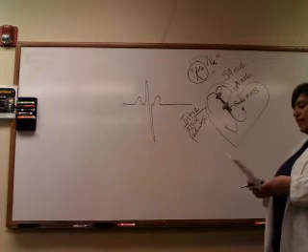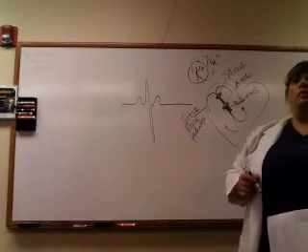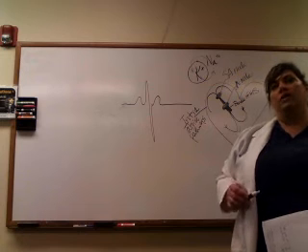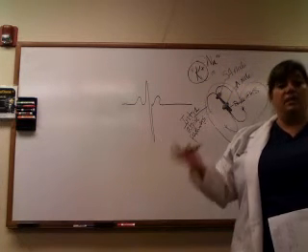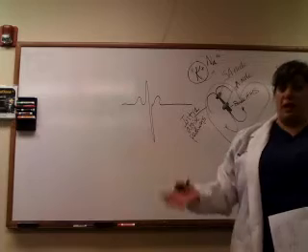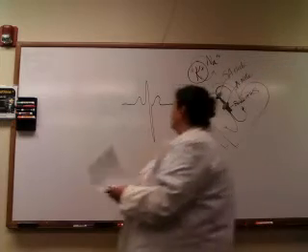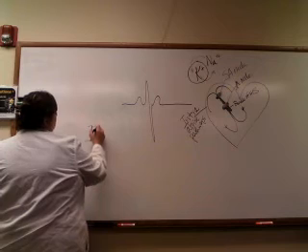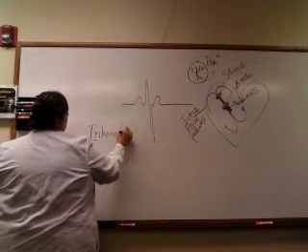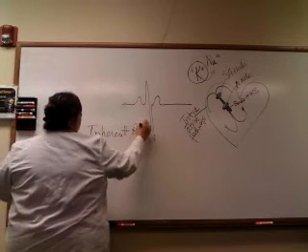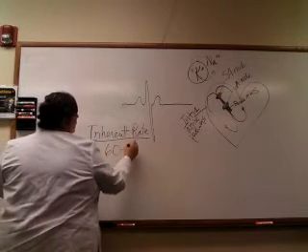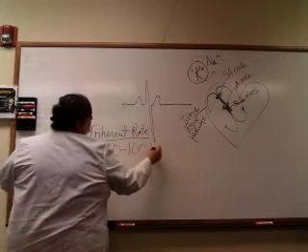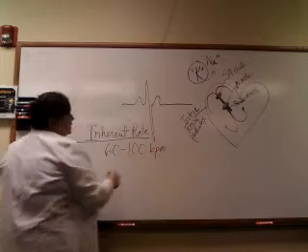We also have inherent rates. So when we look at the heart rates, you should have an average heart rate of what? You should have 60 to 100. And so our normal inherent rate is 60 to 100. And that is beats per minute, okay?